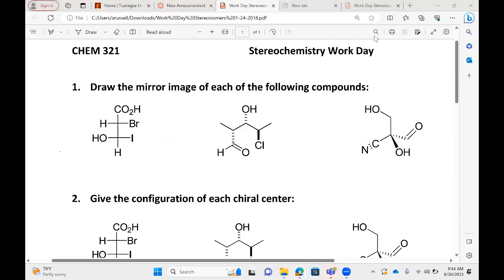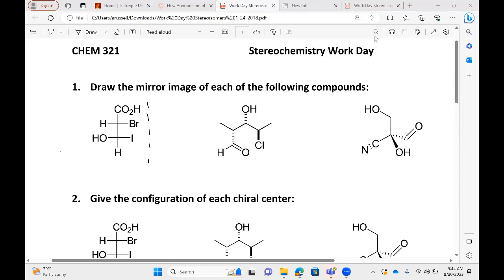What is this depiction called? This very first structure. What do we call that? Anybody? The Newman projection. Fisher. Fisher projection. Fisher. Good. That's okay, we'll take it. It is a projection, so I feel you. So let's take this and put a mirror plane here and have it look at itself in the mirror.